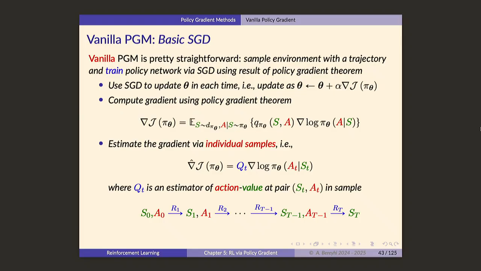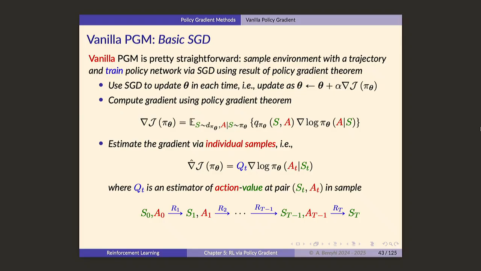Now, if I want to compute the logarithm of this, it is going to be the log of this term plus the log of the exponent term, so the log of pi theta is the log of this term minus that exponent.